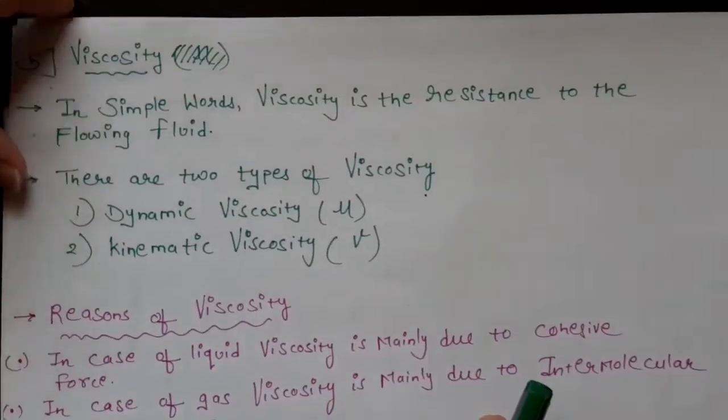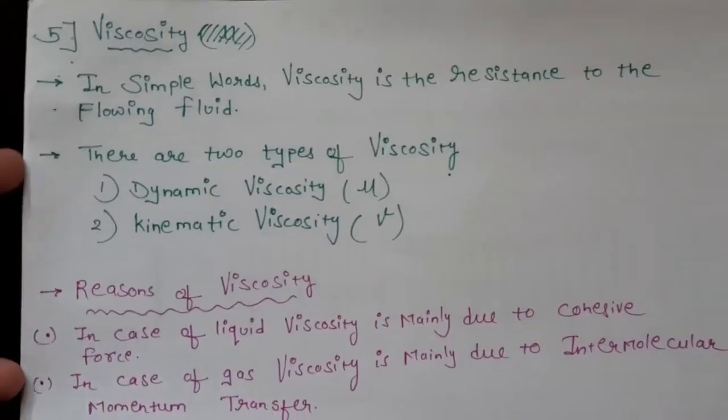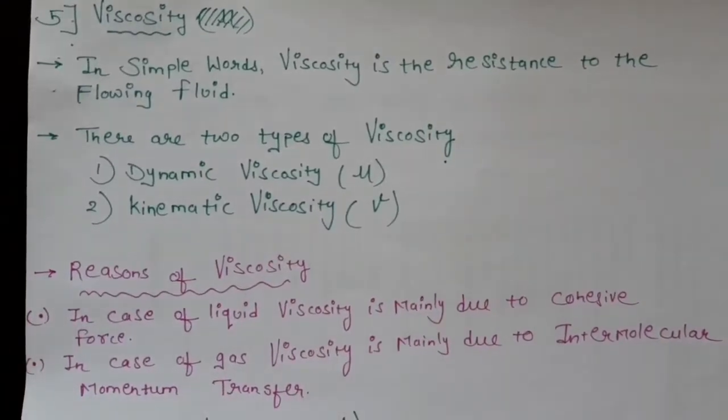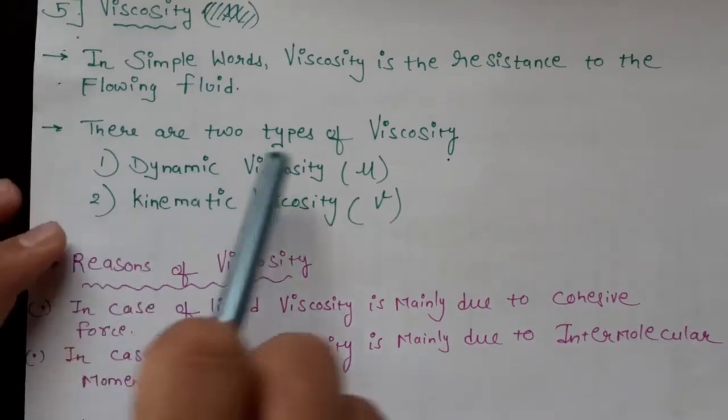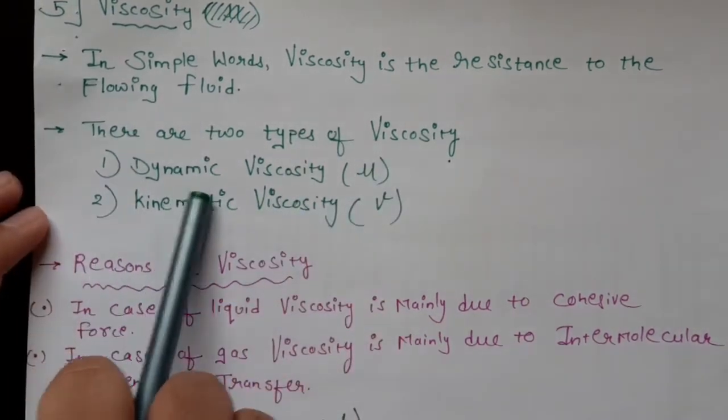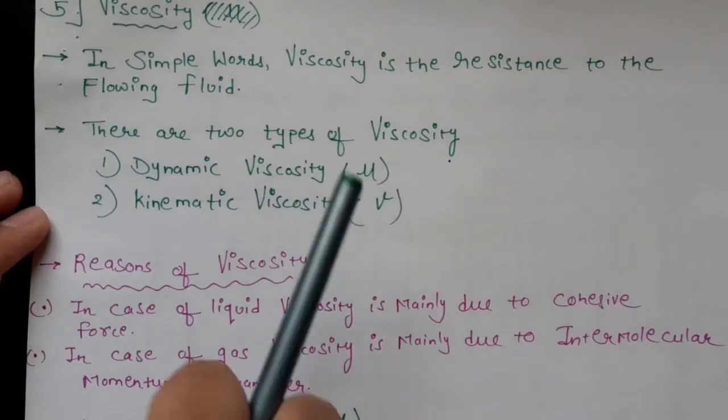Now we will move towards the viscosity. Now what is viscosity? In simple words, viscosity is the resistance to the flowing fluid. Viscosity is the resisting force to the flowing fluid. There are two types of viscosity: first is dynamic viscosity and second is kinematic viscosity.